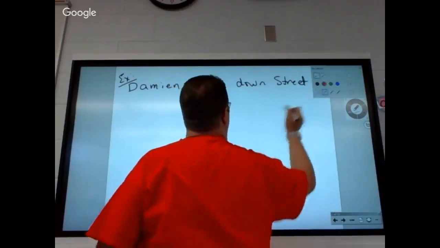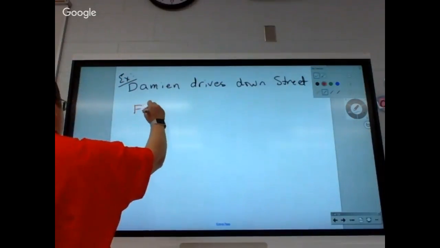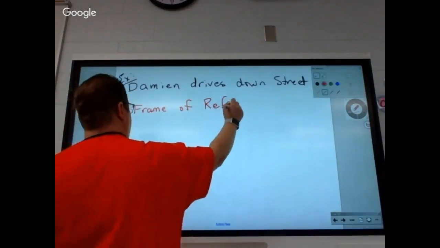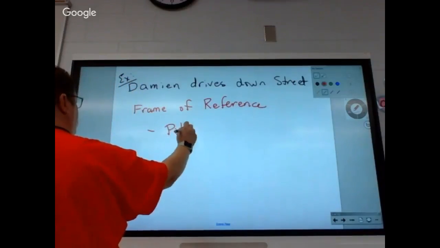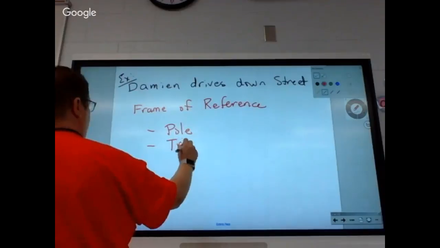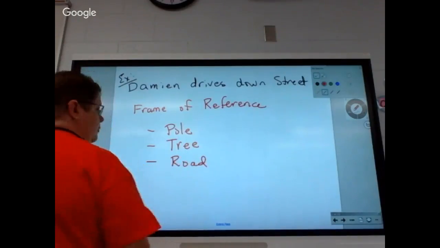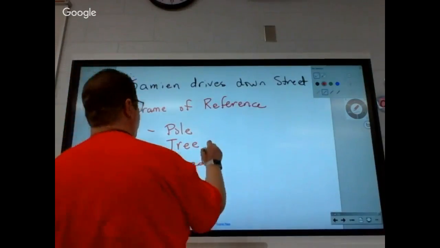Damien's driving down the street. What's the frame of reference? Pole, tree, okay, the road itself. Hold on, the trees move when the wind blows. Okay, we'll put tree trunk.